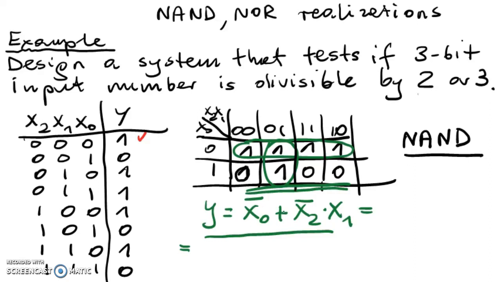So it is the product of the inversions. So the inversion of not x0 is x0. Instead of plus you've got times, okay, so product, and then you must invert the second element, and you did it, okay. You do it in this way.